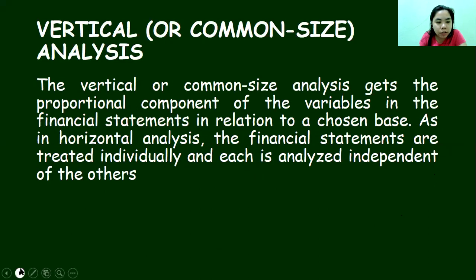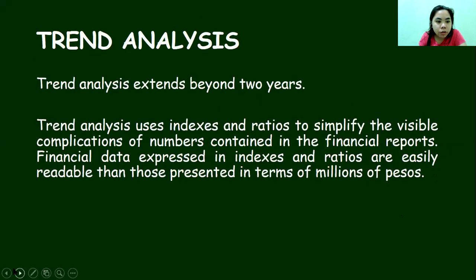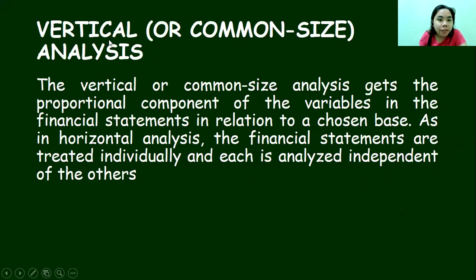So let's proceed to the third, the vertical or common size analysis. So this is opposite to our horizontal analysis. We are analyzing one financial statement in one year, or we can also have 2 years vertically analyzed so we can see.